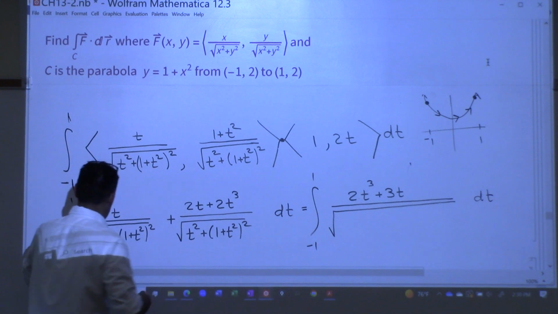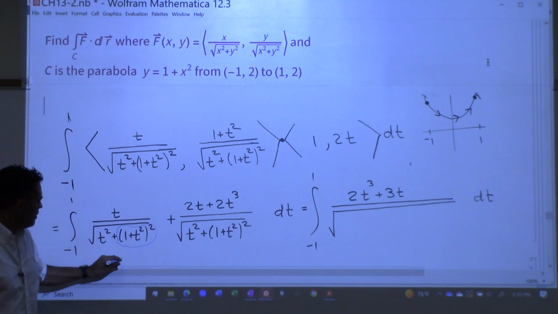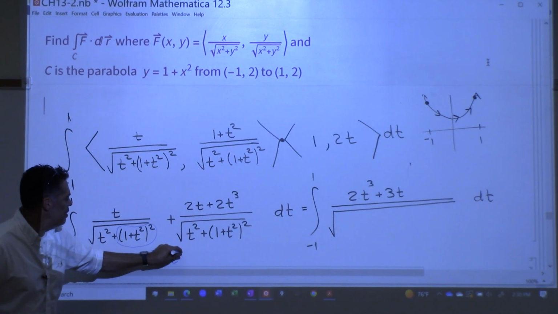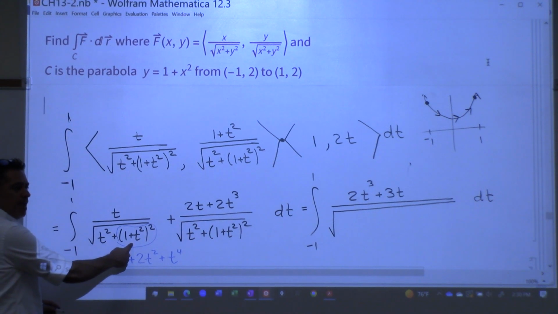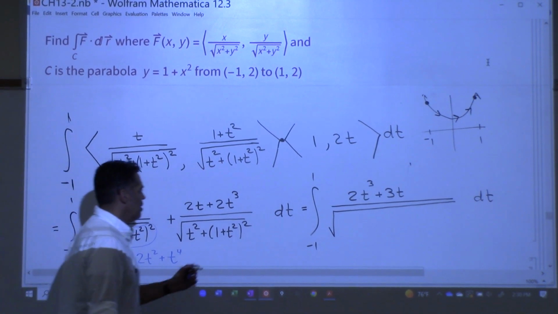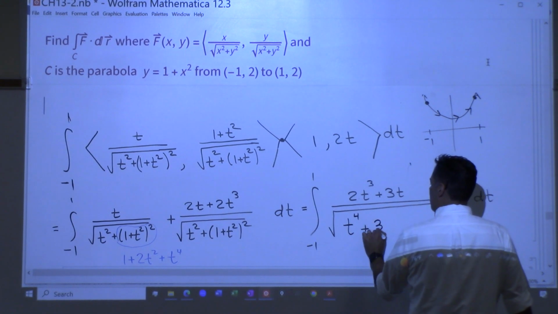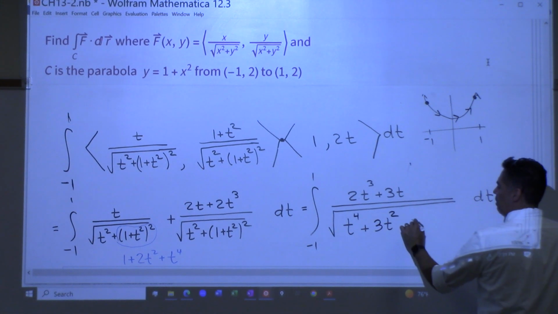If I multiply this out, that would be 1 plus 2t squared plus t to the 4th, and then I added t squared, so it becomes 3t squared. So on the bottom here, I have t to the 4th plus 3t squared plus 1.